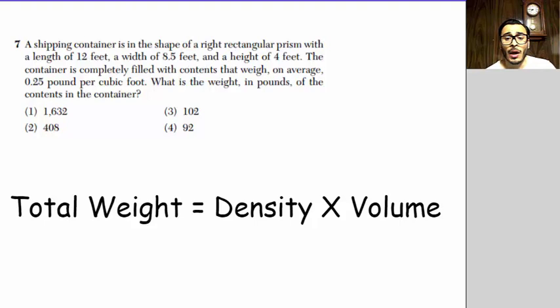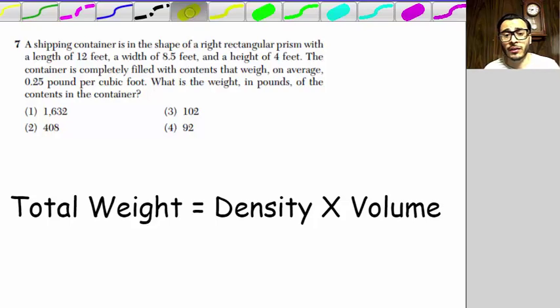Number 7, this is a total weight question, and what you essentially have to do to find the total weight of the object is multiply the density by the volume. So let me give you a little tip about how to find the density, because sometimes they'll even use the word weight to describe the density, and that's okay. But what really gives away the density is the units.